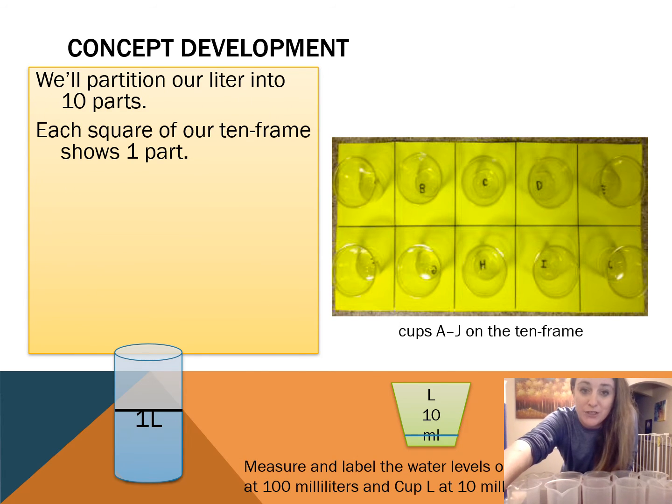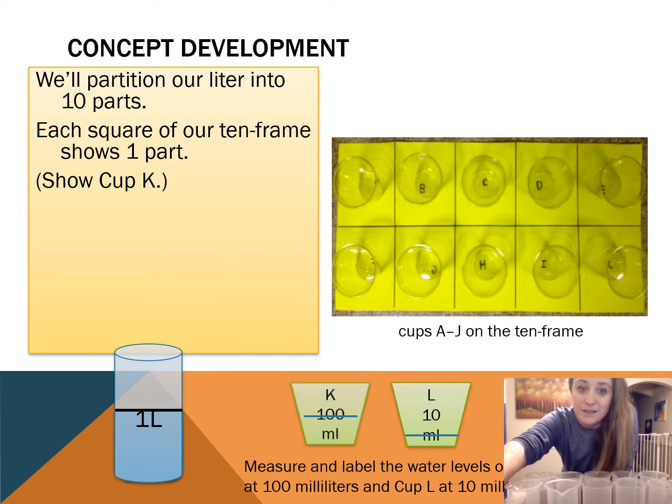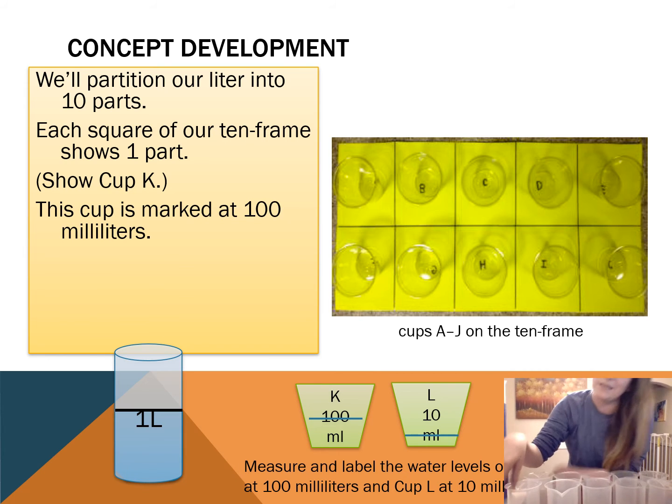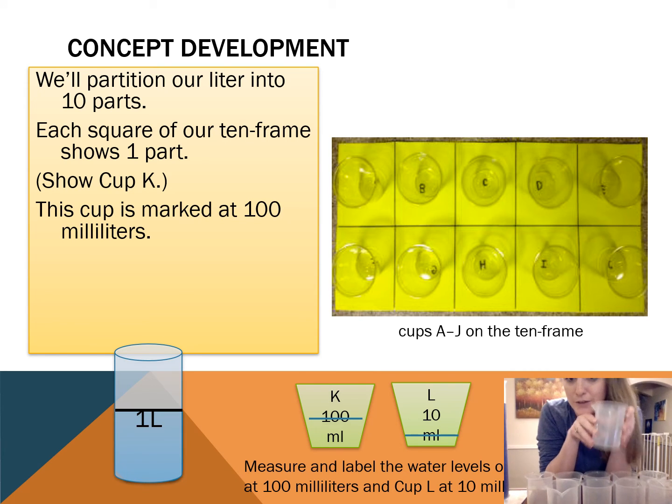Now we'll partition our liter into 10 parts. Each square of our 10 frame shows 1 part. So this cup, I know you can't see it, so you have to use a combination of looking at the pictures and me, is marked at 100 milliliters. Right here, just about, is where 100 milliliters is.